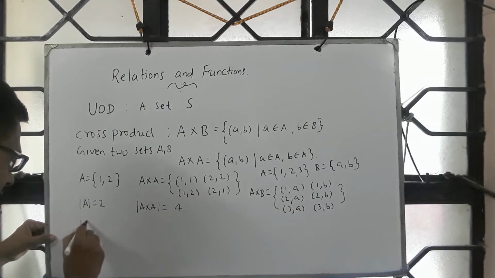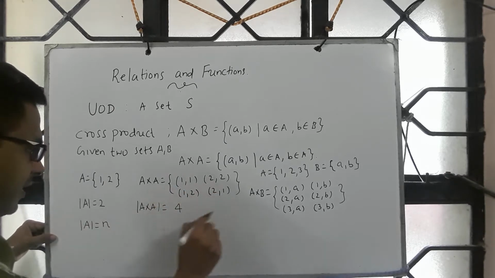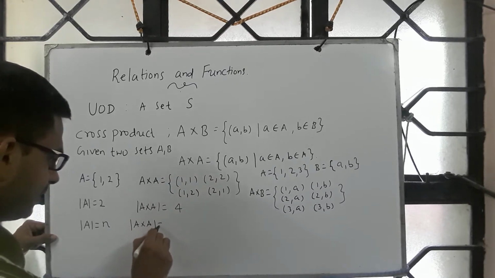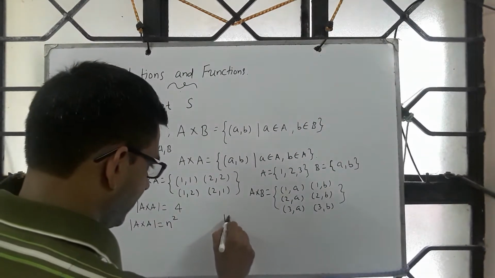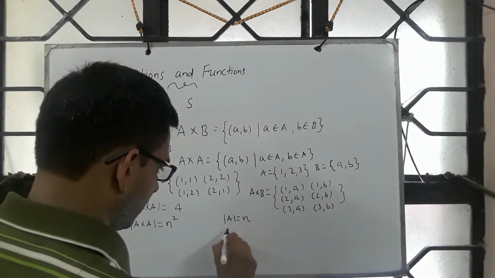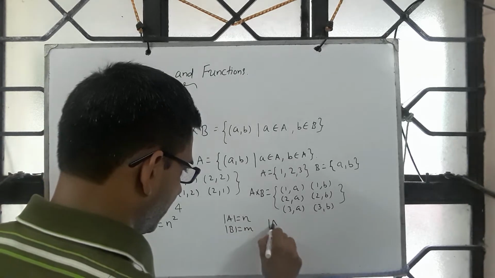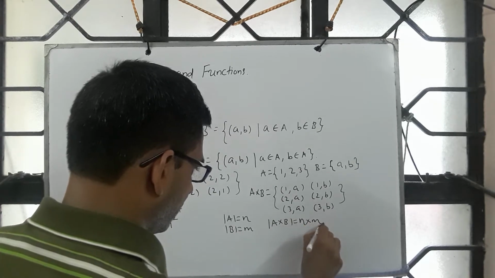So in general, if cardinality of A is n, then cardinality of A cross A is n square. If cardinality of A is n and cardinality of B is m, then cardinality of A cross B is n times m.